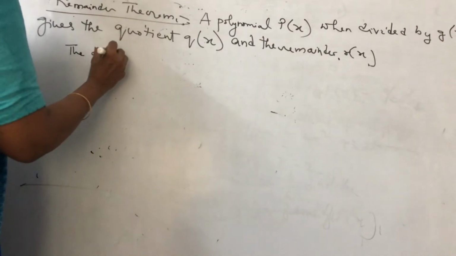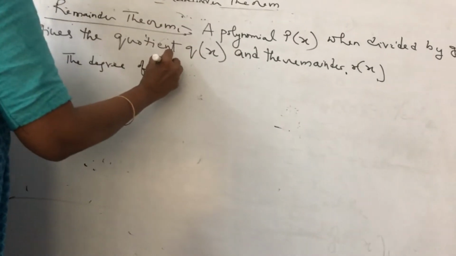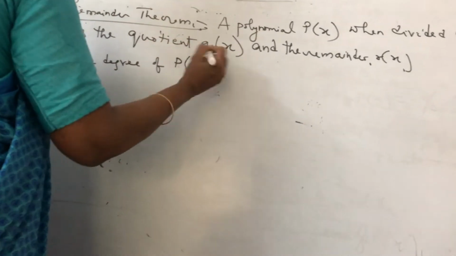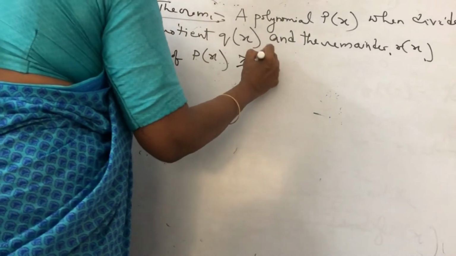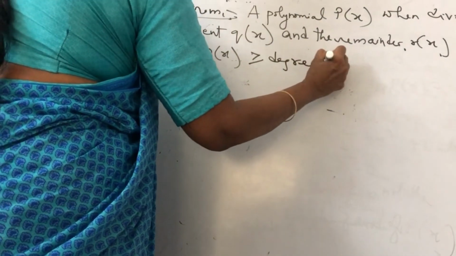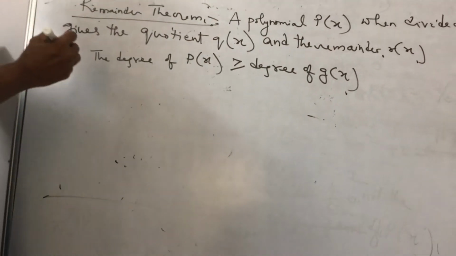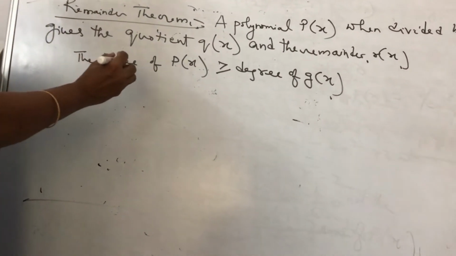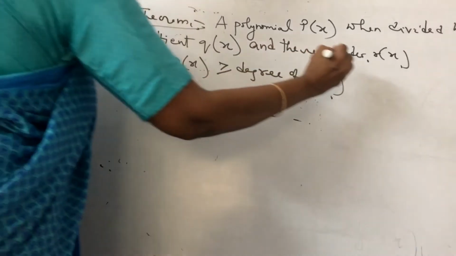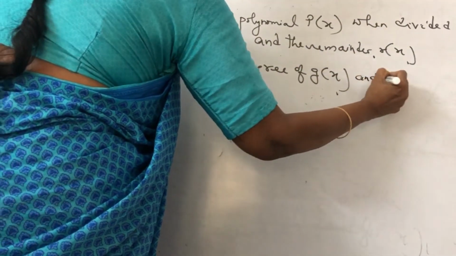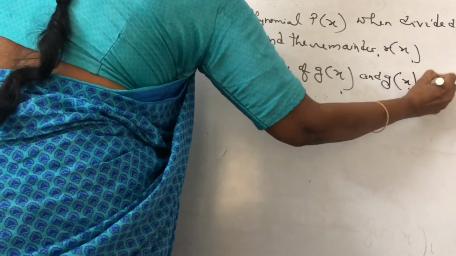The degree of p of x should be greater than or equal to the degree of g of x, and g of x should never be equal to 0.